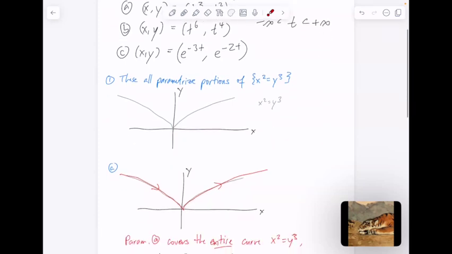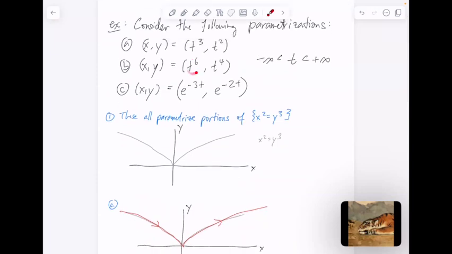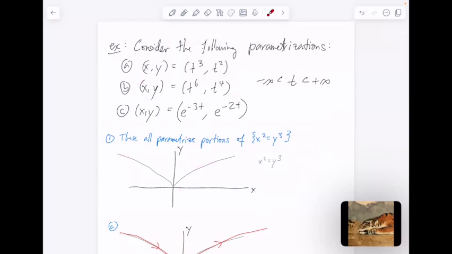So what's happening in B, just by looking at, assuming what the algebraic curve looks like, which is this, just by looking at the behavior in x and the limit of the function in t, you see that this parameterizes just the right portion of x squared equals y cubed. And it parameterizes in such a way that you move from out here into here, and then as you hit the origin, you bounce back along the curve from where you came from.